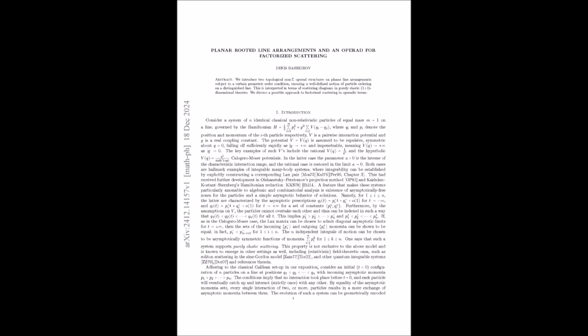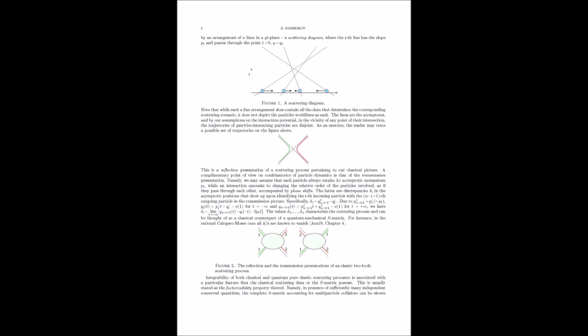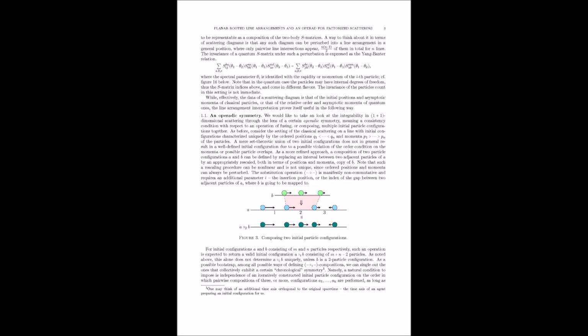But I'm still wondering, what's the point of combining these scattering diagrams? Why is it important? And what do we learn by using operads to study them? One of the key things we learn about is the inherent symmetries within these scattering processes. Remember Z-symmetry? That was about how you can shift the lines without changing the actual scattering information, right? Exactly. So Z-symmetry plays a crucial role in understanding something called factorized scattering.